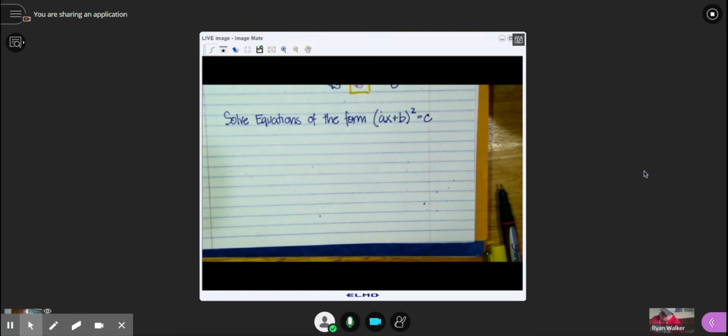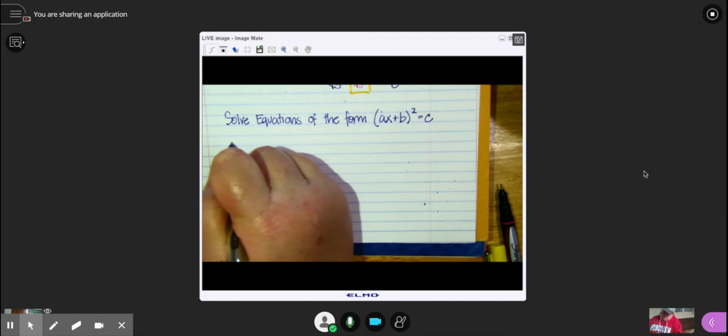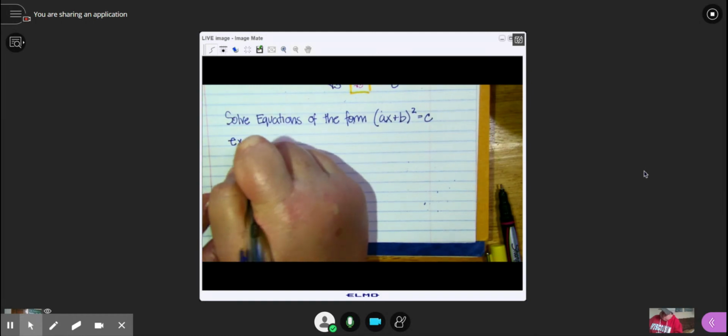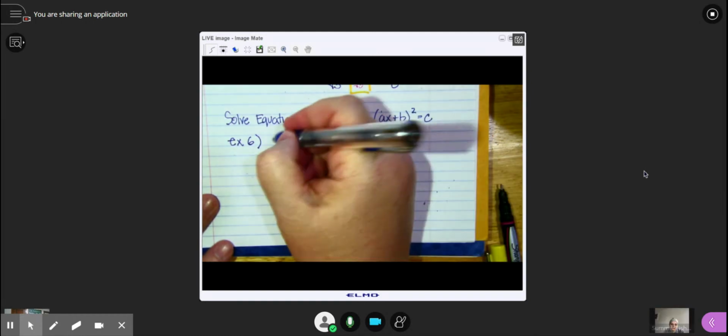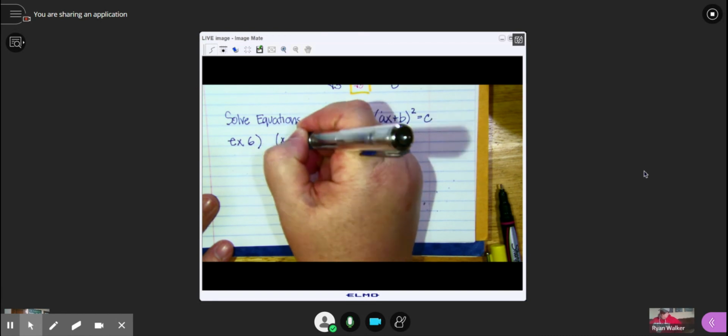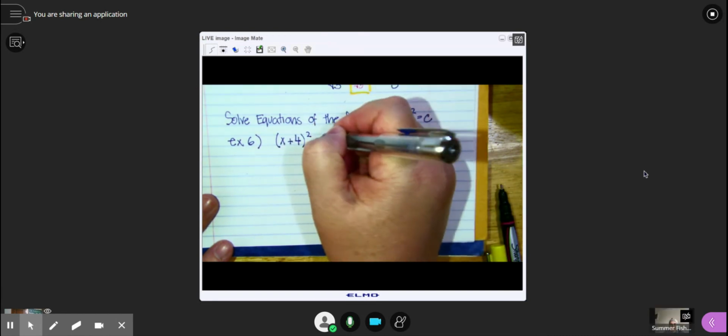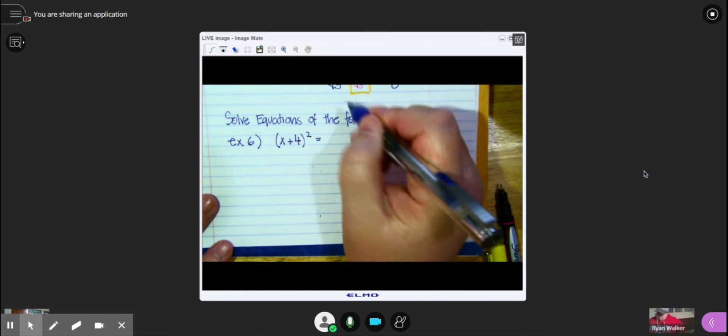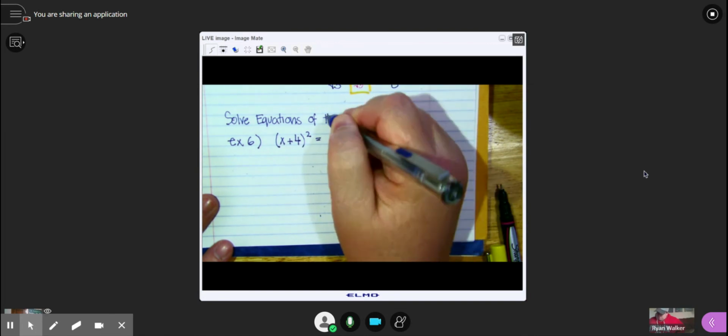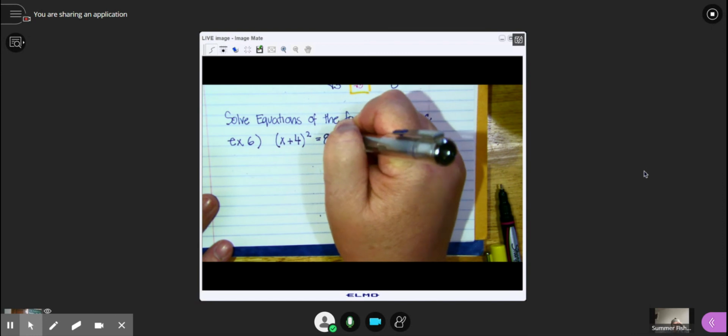All right, now we want to solve equations of a slightly different format. We're going to take something like x plus 4 squared, and we're going to set that equal to, I'm going to say an 81.